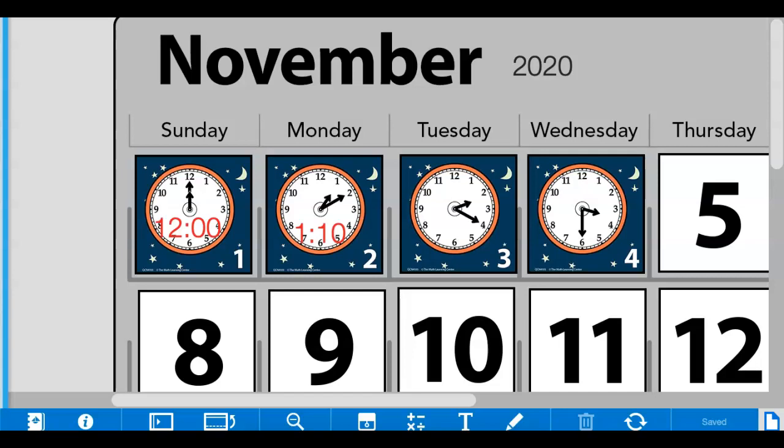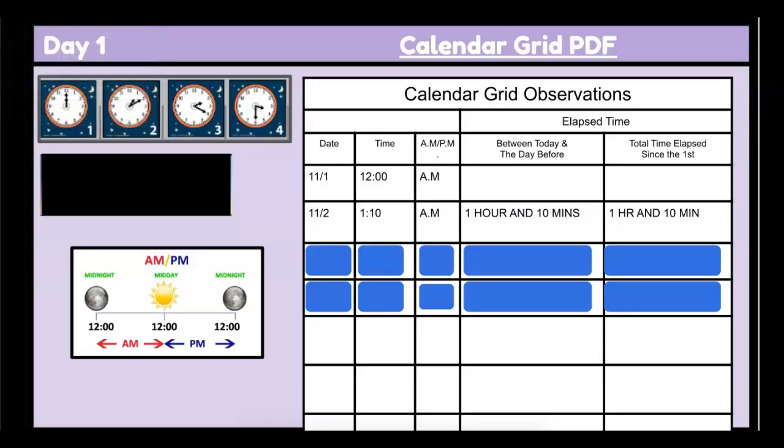Take a look at card number 3. Card number 3's time is 2:20. So we are going to write our date, the time 2:20, and since we're in the middle of the night, it is AM.